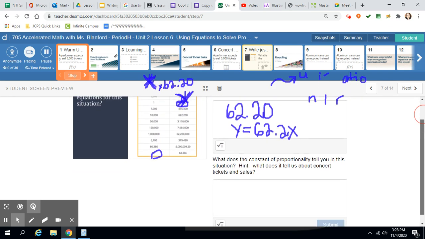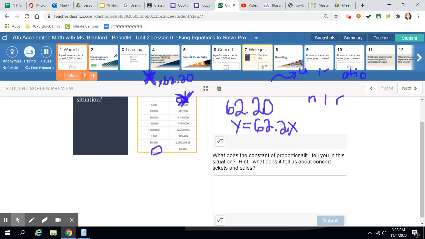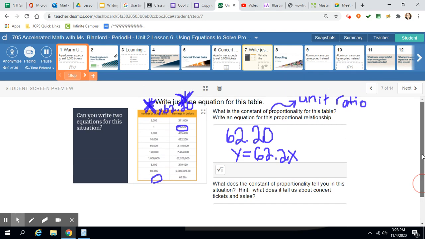Now they're asking us, what's the constant of proportionality tell us in this situation? And it seems like a much more difficult question than it really is. Okay? And I gave you a little hint here. I'm basically saying, okay, what does the constant of proportionality tell us about concert tickets and sales, right?